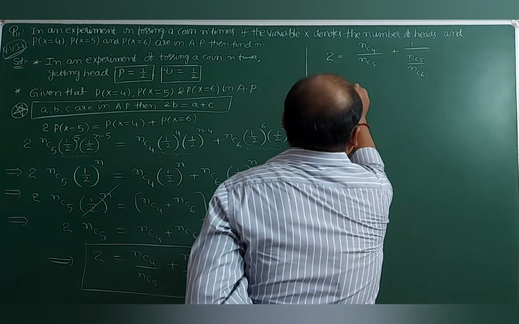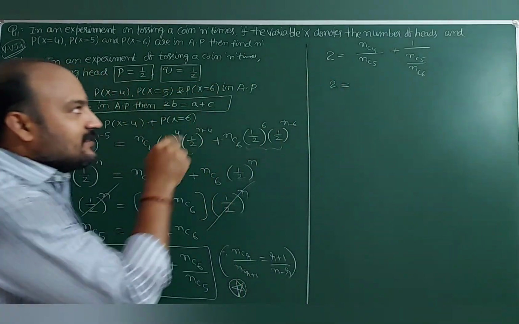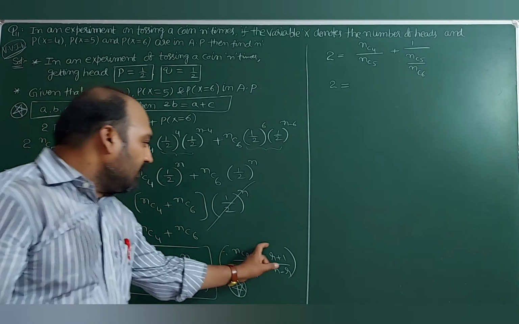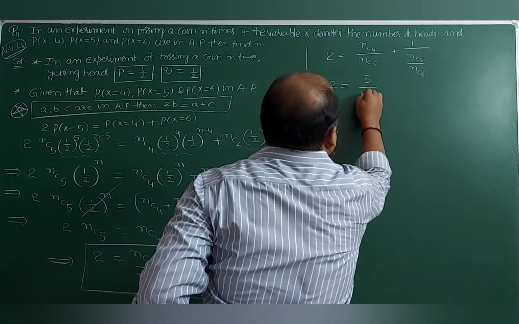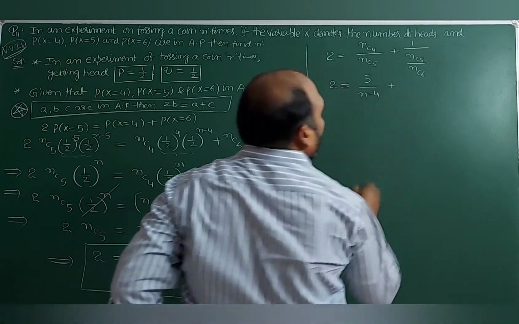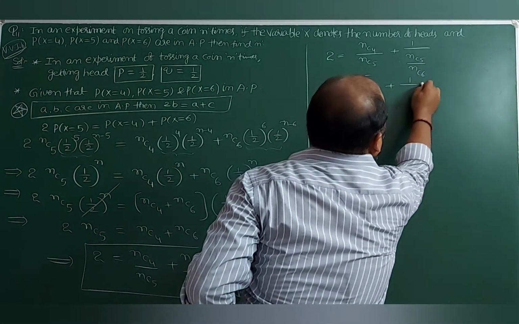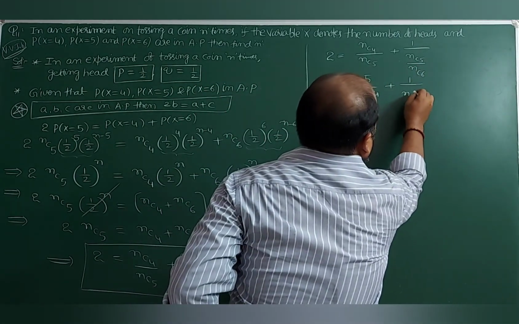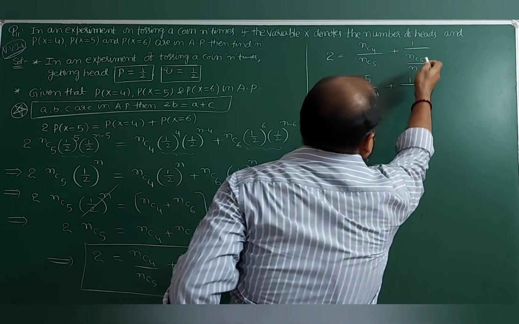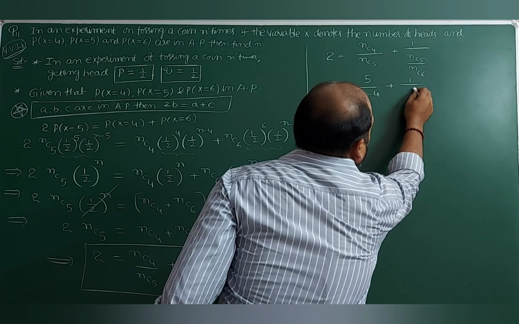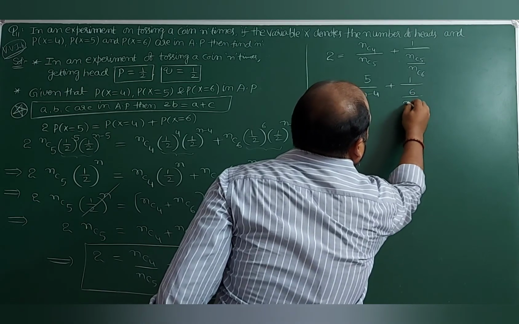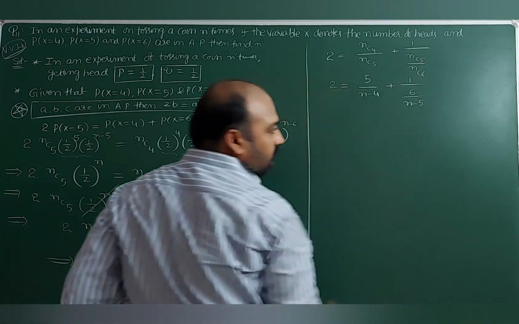So 2 equal to nC4 by nC5, r plus 1, what is r plus 1? It is 5. 5 by n minus 4 plus nC5 by nC6, so 6 by n minus 5.